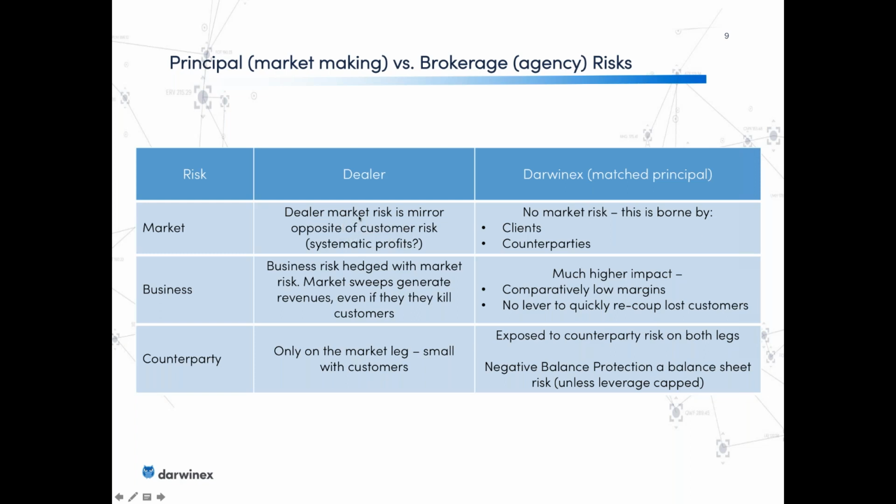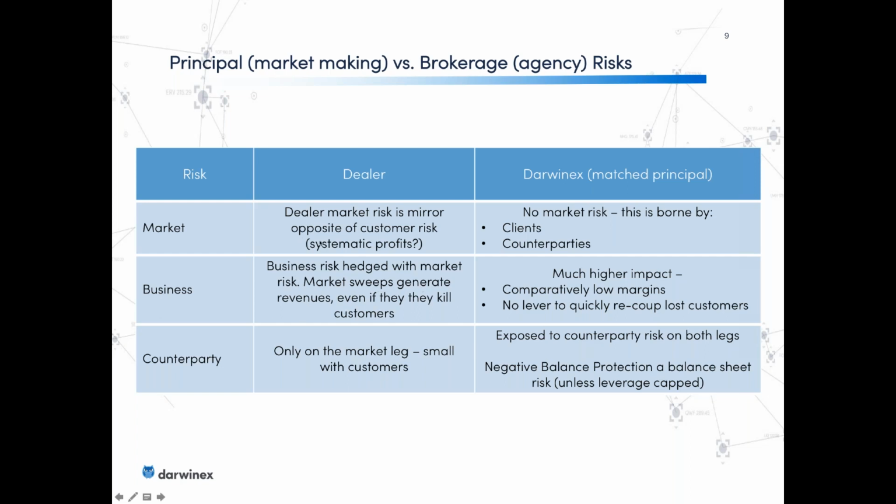In terms of business risk, when there are big market moves, it's true that about, say, 50% of the customer base, which is on the wrong side of the trade, is going to be wiped out. But the benefit is that they'll make all those guys' money and they can reinvest that into advertising to get new guys in the door.